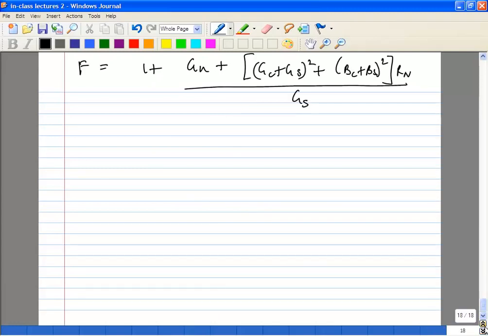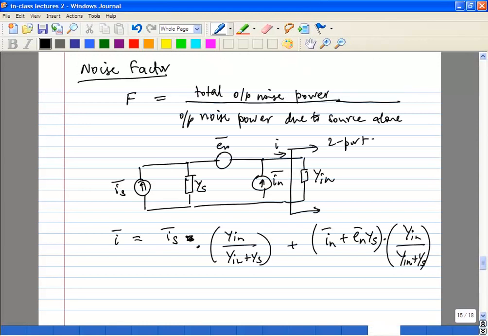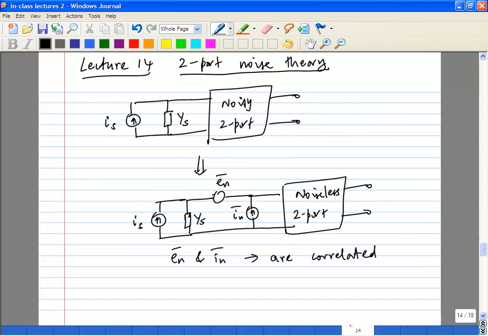So now what do we want to do? Typically in any circuit, we want to minimize noise. So let's look at the minimum of this function. You have written F in terms of these functions. So how are we going to optimize it? Let's go back to the two port. What can you do to this two port to minimize noise?